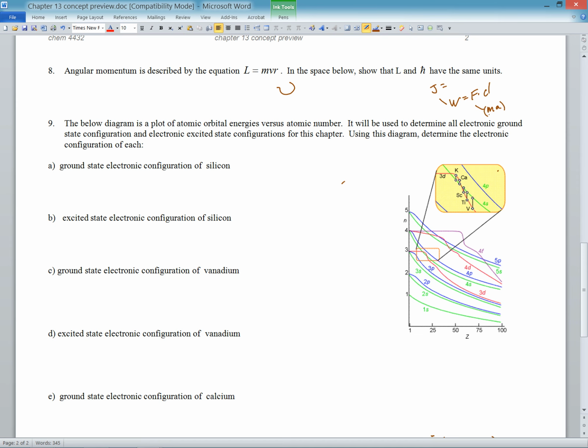So it would be kilogram meters squared over second squared. And then, because it's times joule second, that's why you left it like this. Okay, I see that.